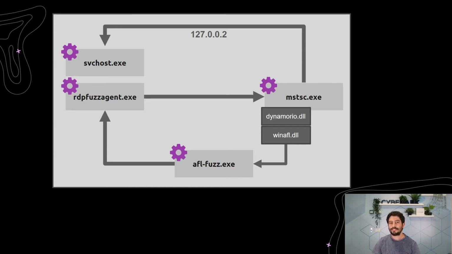The difference is that instead of connecting to a remote server, we used MSTSC to connect to localhost, so it's connecting to the same machine. Then AFL Fuzz can simply send the messages to our fuzz agent on the same machine, and it will direct those messages to the target as if they came from the server side of the RDP. The upshot is that we can run many instances of this fuzzer and target concurrently on the same machine.